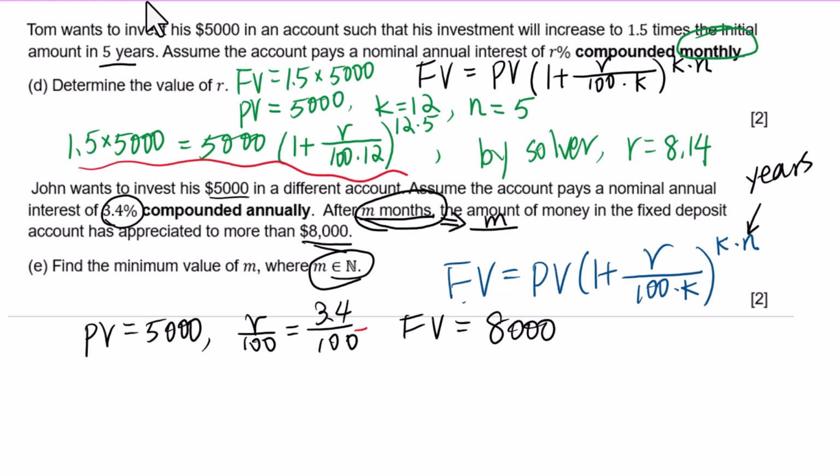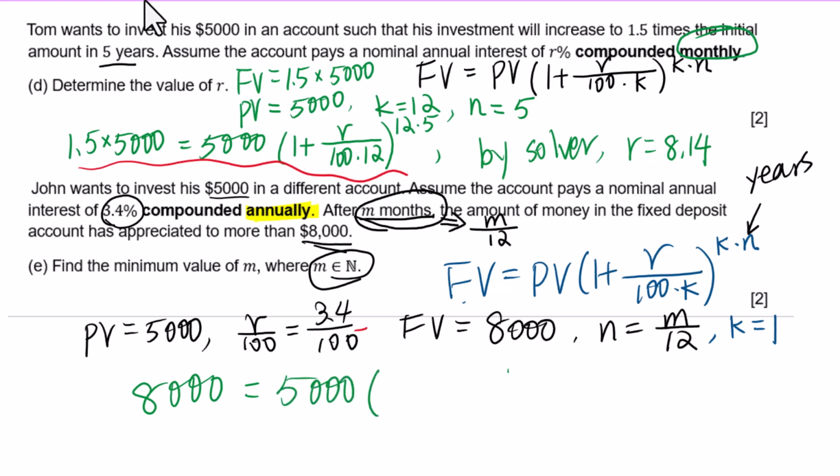So M over 12 is the number of years. K equals 1. Then we plug all the values into this equation: $8,000 equals $5,000 times 1 plus 3.4 over 100 times 1 to the 1 times M over 12 power.